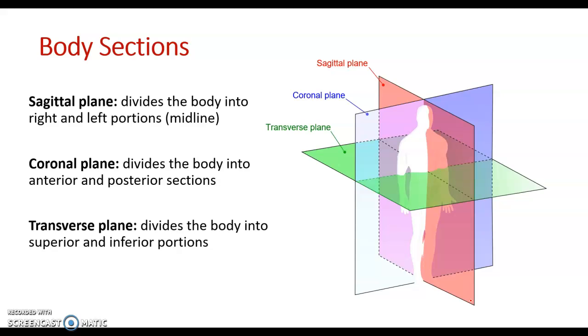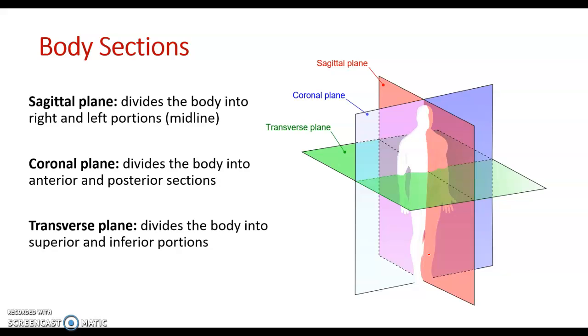We can also describe the body by cutting it into different sections. The body sections describe how you can divide the body or an individual organ within the body. So the sagittal plane divides the body along the midline into right and left portions. So just like we drew a line down the midline, if we were to cut the body along the sagittal plane, it would just be cutting it along the midline.